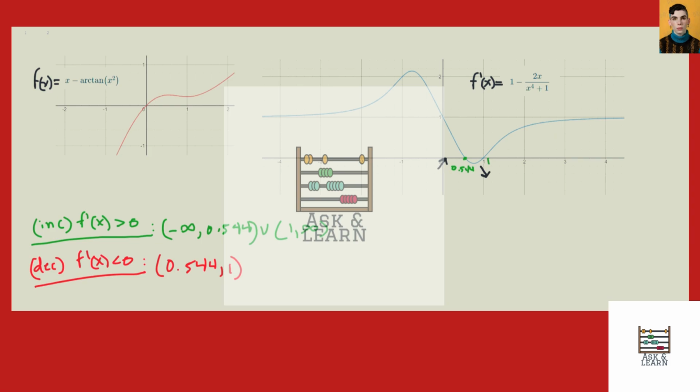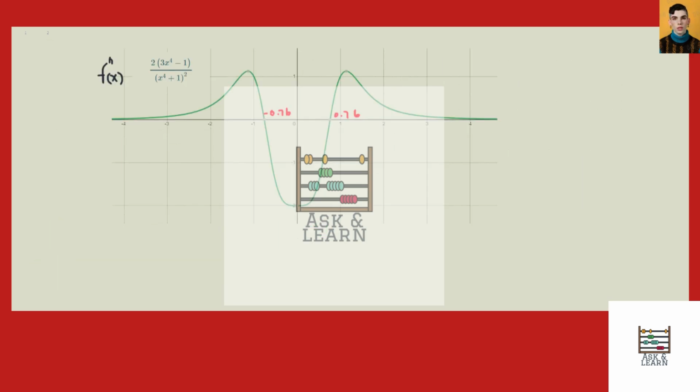So that tells us, by the first derivative test, that this here will be a local max. And for 1, well, to the left of it, it's negative, so it'll be decreasing. And to the right of it, it's positive, so it's increasing. So that tells us we will have a local min at x is equal to 1. All right, so that's everything we can really get from the first derivative.